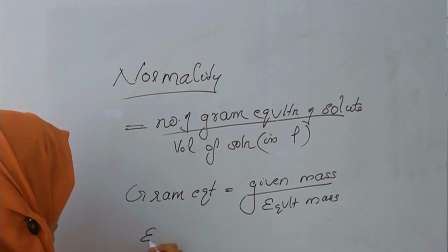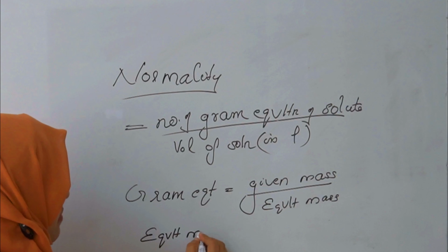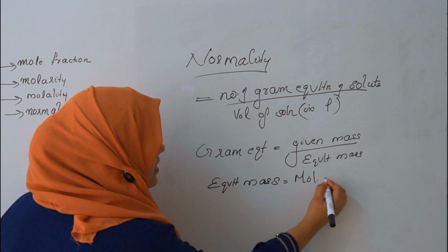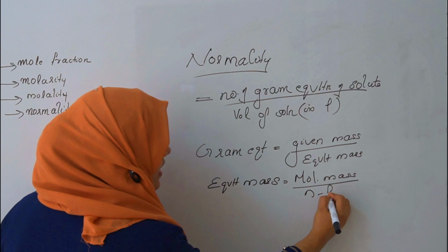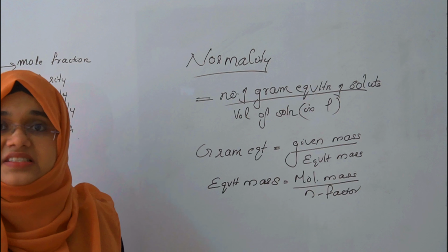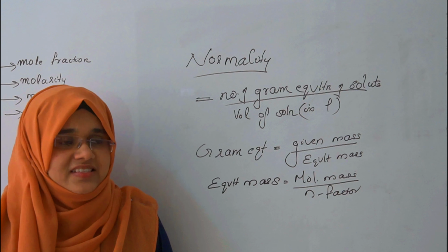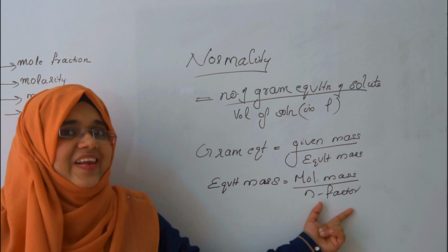Equivalent mass is equal to molecular mass divided by n factor. Now comes the next term. What is n factor? I'll tell you.